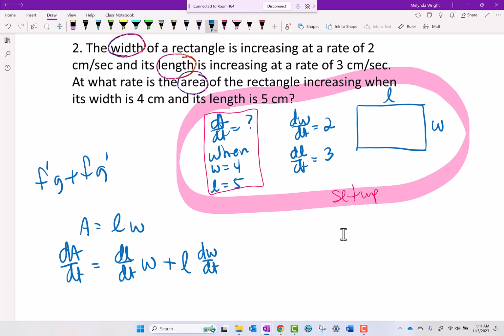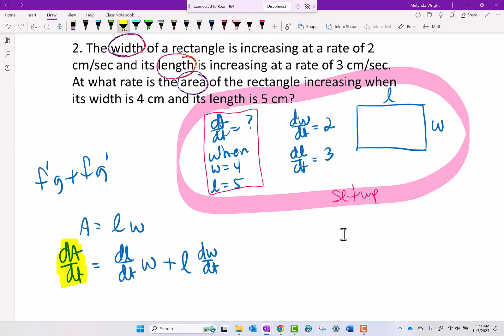So that is our step 5, which is taking the derivative. So now what we're solving for, this is what we want to know, dA dt.